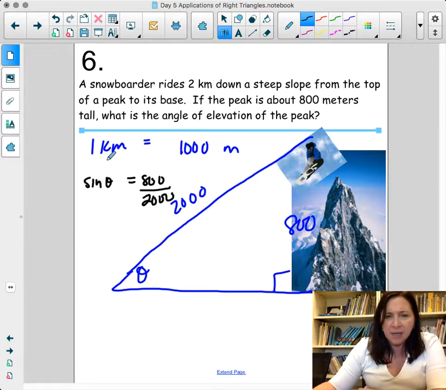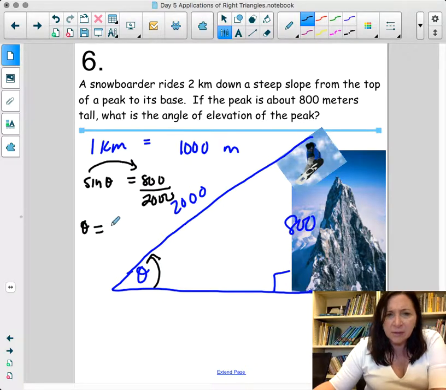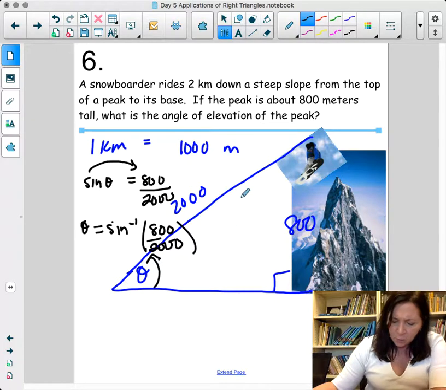My job is to find theta because I'm trying to find the angle of elevation, which means that I need to take sine and move it to the other side. So that's going to give me theta equals arc sine, the inverse, of 800 divided by 2,000, which is 0.4.